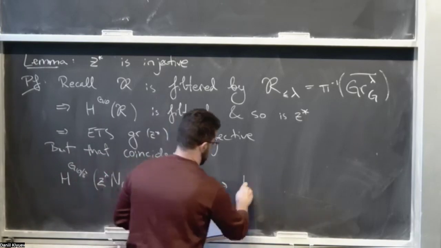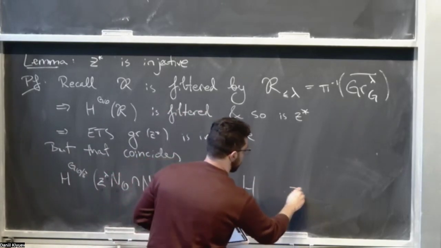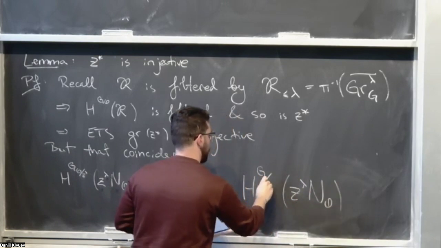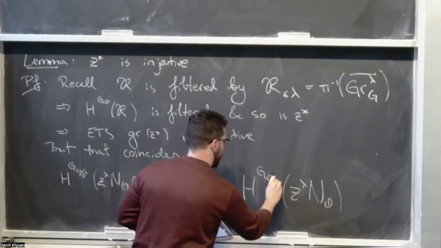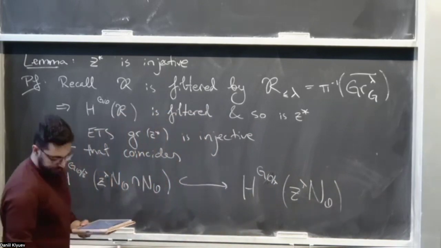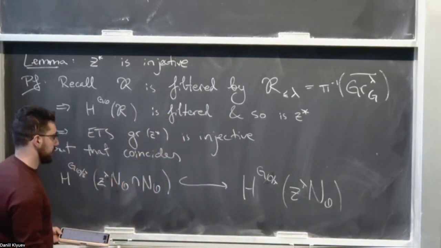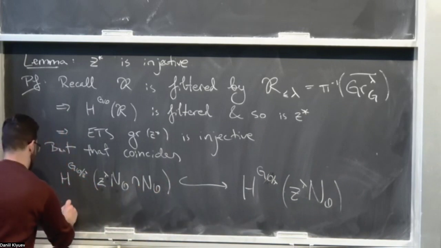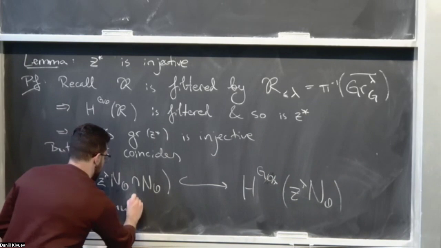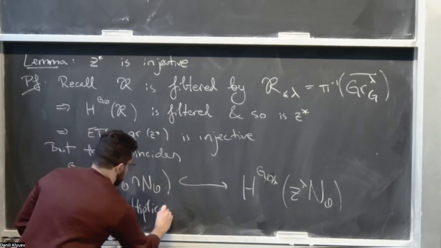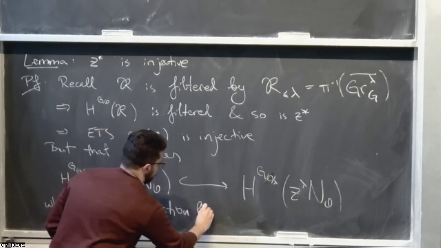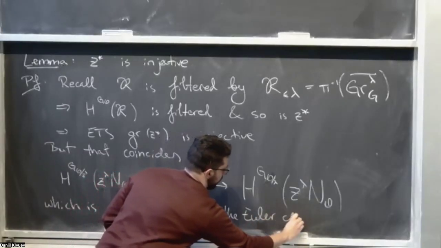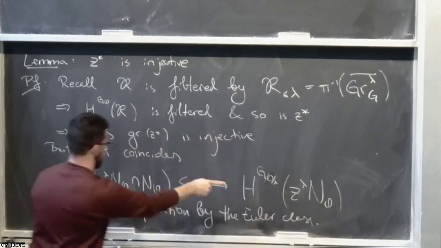And that includes into just the one of Z lambda NO. Right, and this is okay. This map is multiplication by the Euler class, and that's injective.